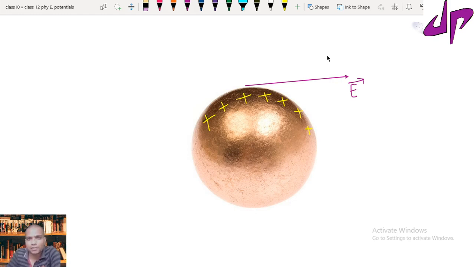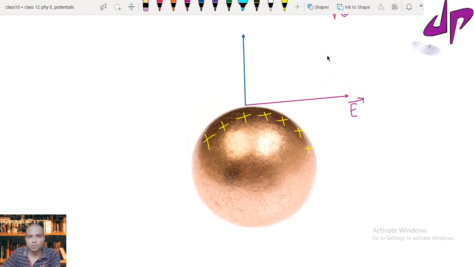Taking a coordinate axis, if this is the y-axis and this is the x-axis, the electric field vector is resolved into two components: one horizontal and one vertical.